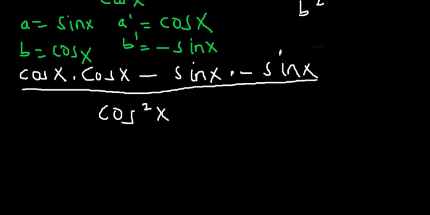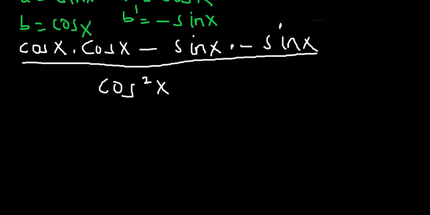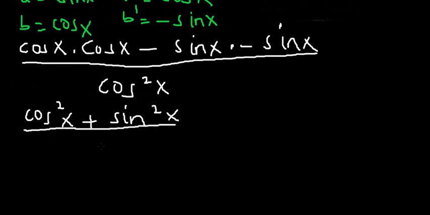So let's work out this. So in the numerator, we're going to have cos x by cos x to give us cosine squared x, and then negative sine x by negative sine x will give us positive sine squared of x, and then all over cos squared x.